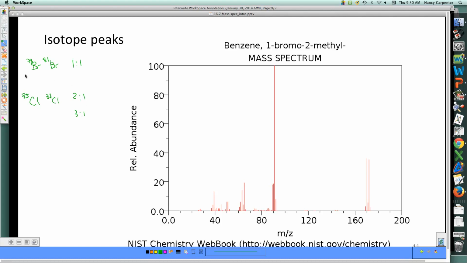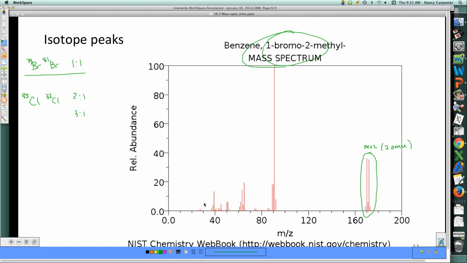So, if you see, holy cow, two peaks that are almost exactly the same intensity, that are M plus 2 AMU apart, then this is screaming bromine.